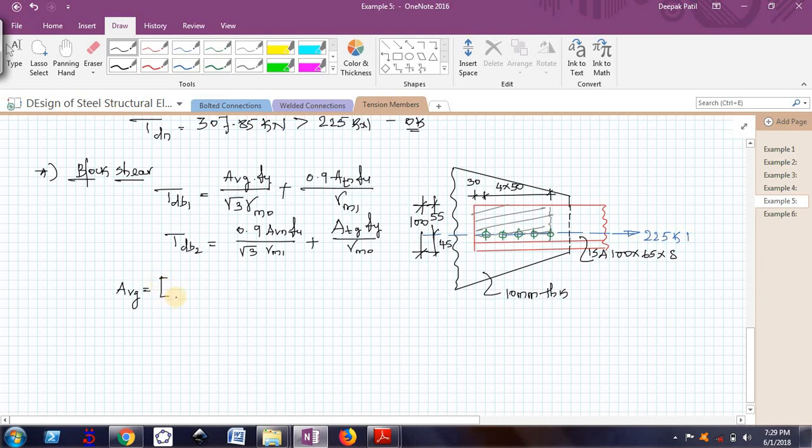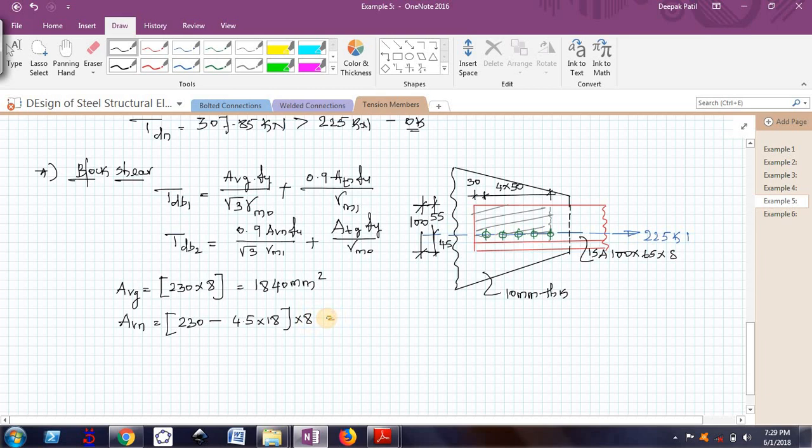I will just calculate the values. AVG is equal to the shear plane length, from here to here, which is 230, into 8, the thickness of the angle, coming out to be 1840 millimeter square. AVN: 230 is the shear plane length, minus 4.5 bolt diameters, multiplied by the thickness.